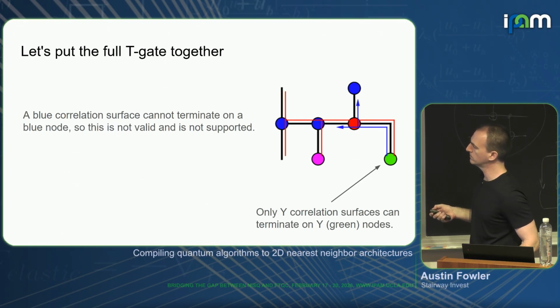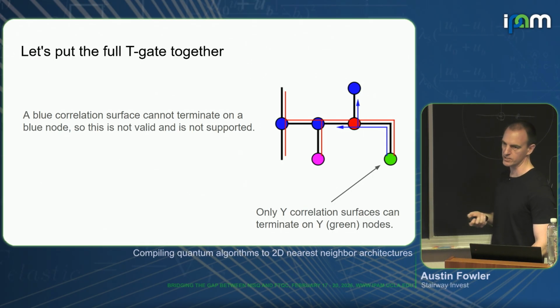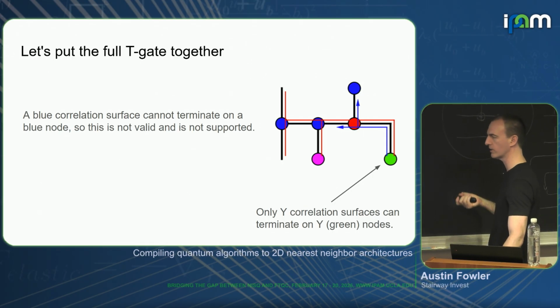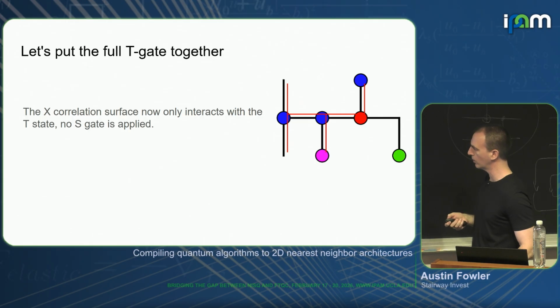And the answer is, well, no, because when a red correlation surface, an X correlation surface hits a Y basis node, this can only terminate Y. It means it spits out Z, and when this comes back, you'll find that it has to go in both directions, and blue can't terminate on the same color. All right, so this is a forbidden direction. So we didn't have a choice. We could never go down that path in the first place. This was, in fact, the only direction that red correlation surface was allowed to go.